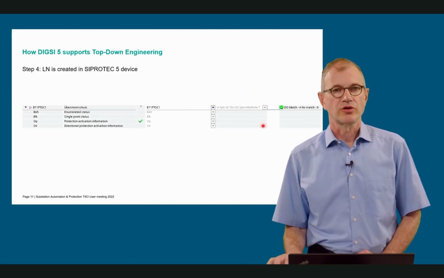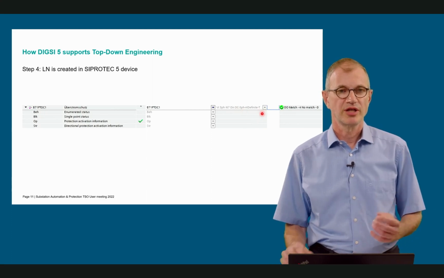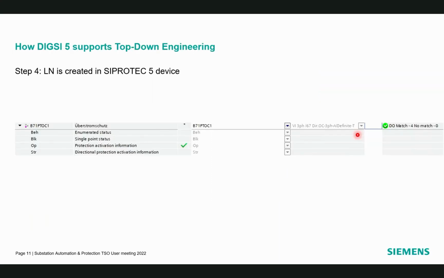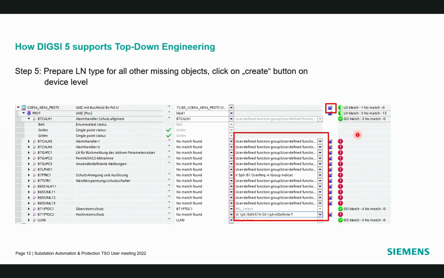Then this is created here, and the nice thing is that this PTOC is then in the real device. It is created as functionality in the cProtect device and also visible if you click in the device in the PNV, of course. You can then repeat it.